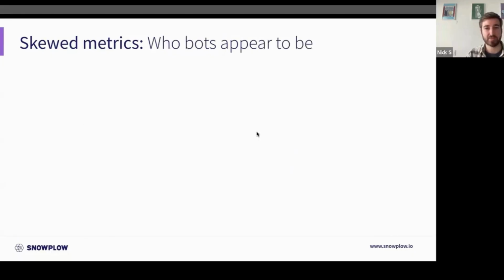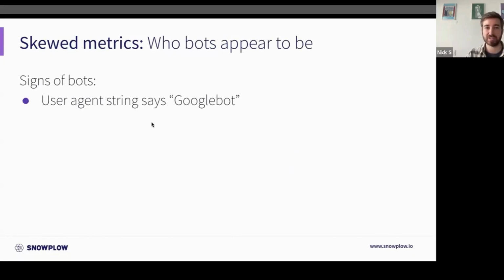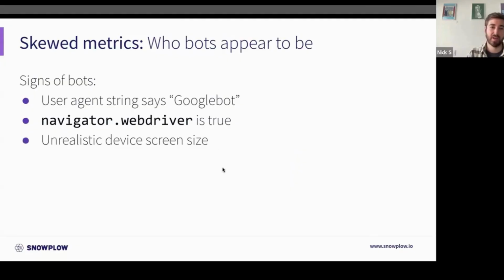So in the first category, we have very simple heuristics, things like if the user agent says it's Googlebot, it's probably Googlebot. If you have some automation flags turned on in the browser, it's probably automation. If you have weird screen sizes or some other anomalies in the browser, that's another good sign that this is an agent.